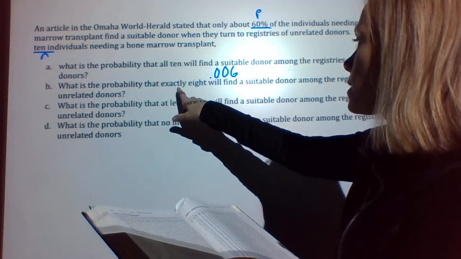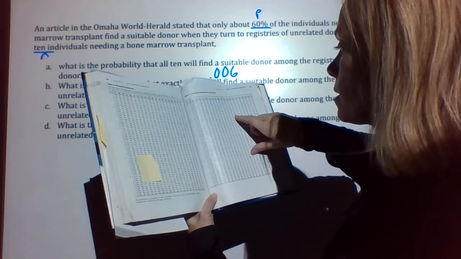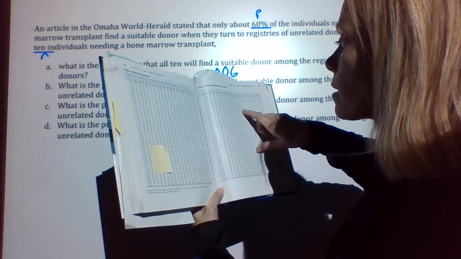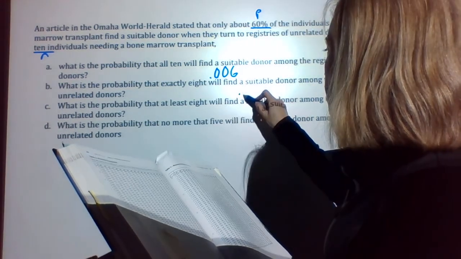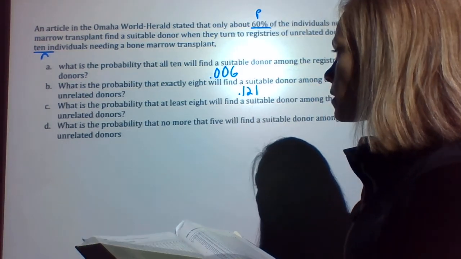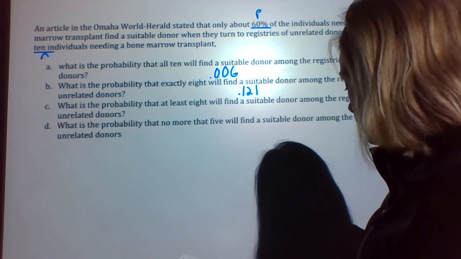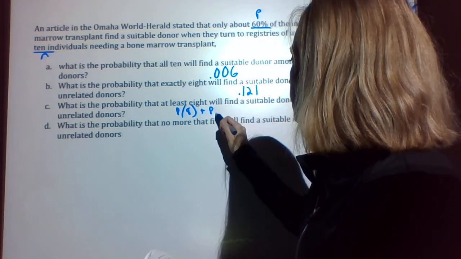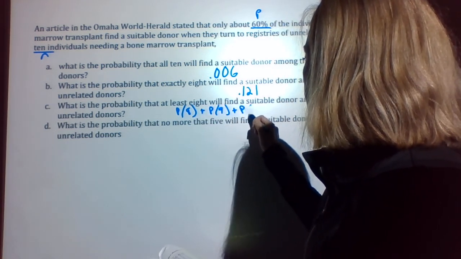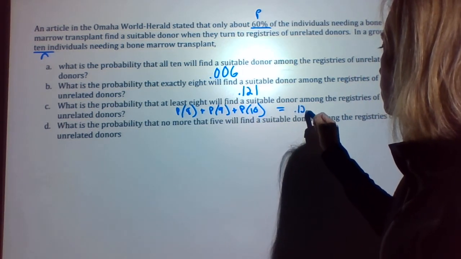What is the probability that exactly 8 will find? So again, 60%, 8 would be 0.121. What is the probability that at least 8 will find a suitable donor among the registry? So at least 8 would be 8 or more. And I already have 8, it's 0.121.